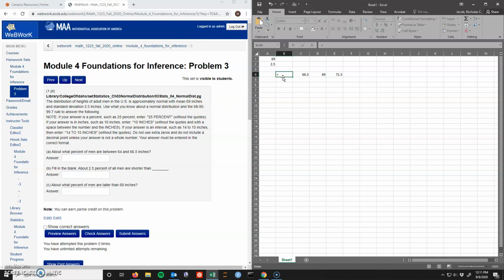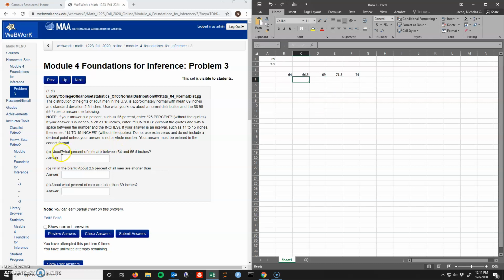It's also true that if I go down 2 standard deviations, so if I subtract another standard deviation, or go up by another standard deviation, I now should recover 95% of the data. So 95% of the data should fall in here. Okay, so cool. That's just kind of what's going on here.